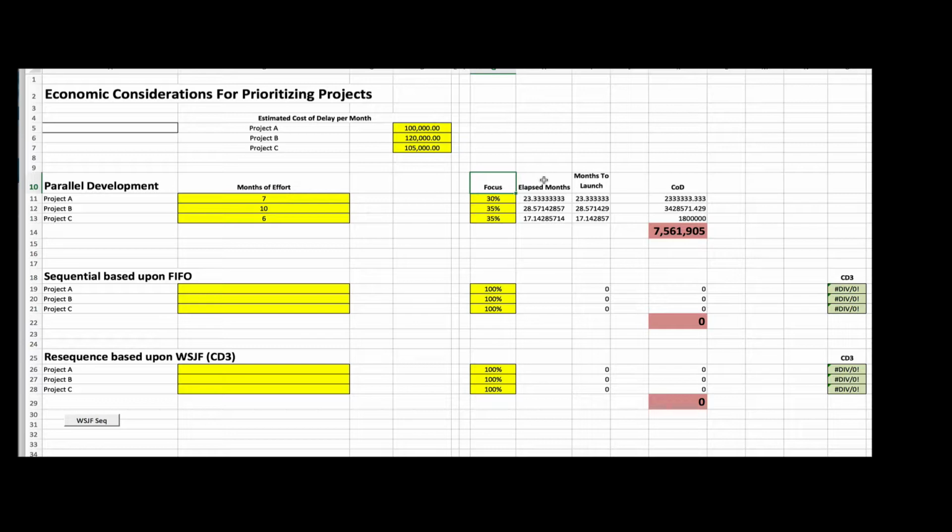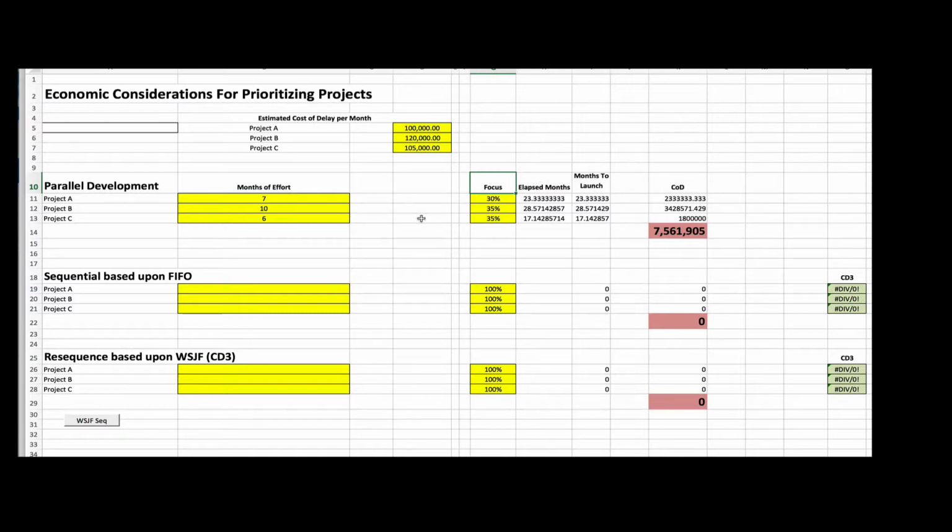Now, to remind you again, cost of delay is the value that a company would be able to recognize if we had these three projects complete right now. So what this means is that over the course of this time, we're giving up this $7.5 million. But of course, when I say we're giving it up, we haven't had the opportunity to complete these projects. So the goal clearly is to make this cost of delay as small as possible.